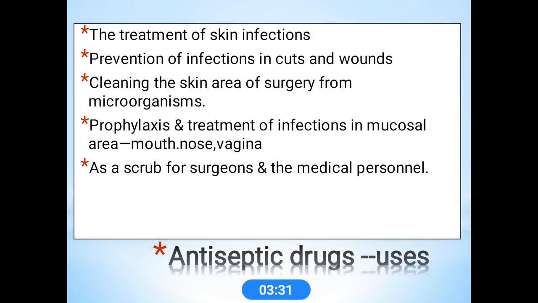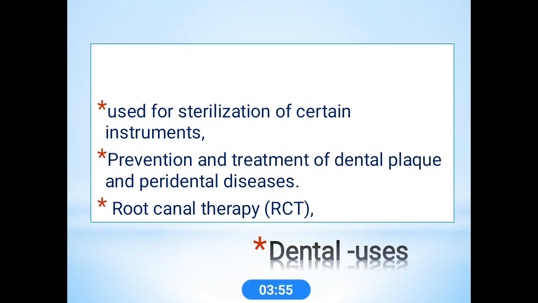What are the main uses of these antiseptics? They help in the treatment of skin infections, prevention of infections in cuts and wounds, and cleaning the skin area of surgery from microorganisms. Antiseptics are also used for prophylaxis and treatment of infections in mucosal areas, and as a scrub for surgeons and medical persons.